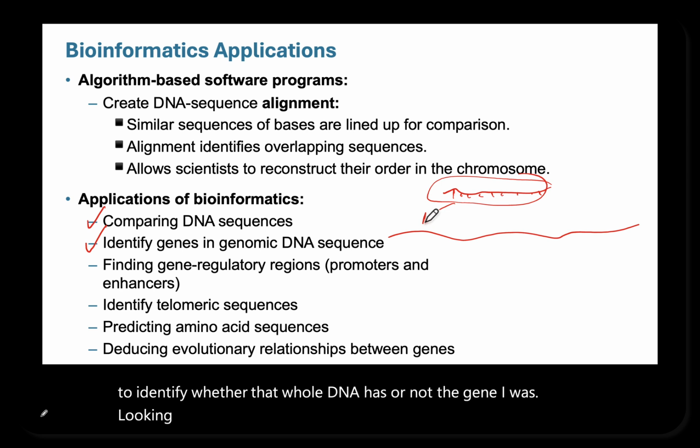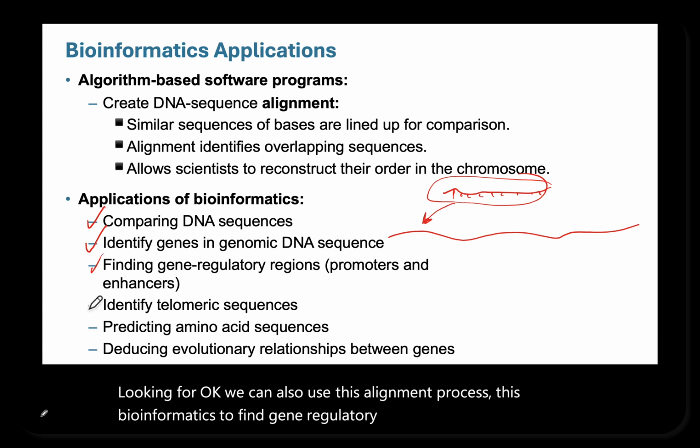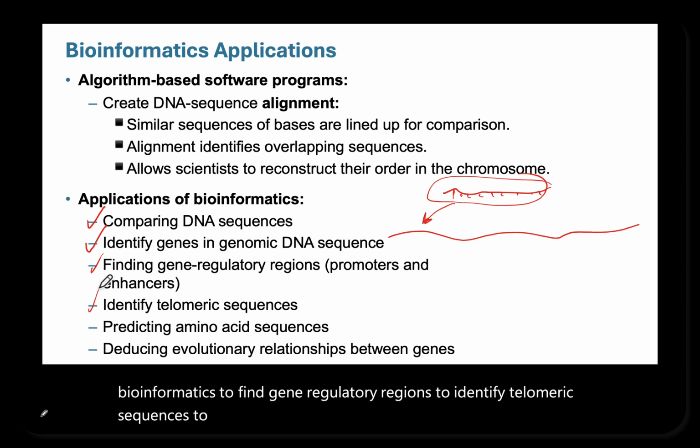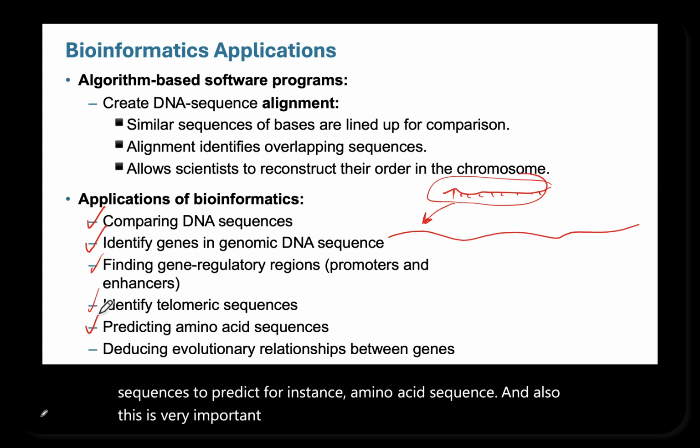Okay? We can also use this alignment process, this bioinformatics, to find gene regulatory regions, to identify telomeric sequences, to predict, for instance, amino acid sequences, and also, this is very important, to deduce the evolutionary relationship between genes.